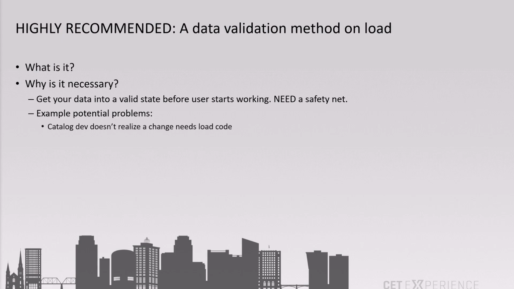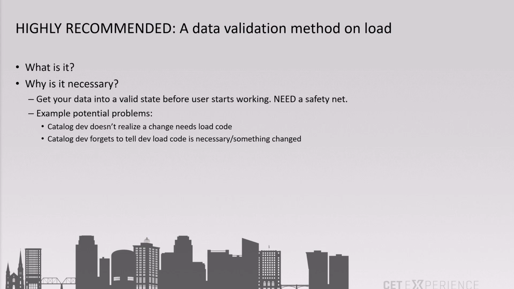Perhaps a catalog specialist doesn't realize a change actually needs load code. Maybe I forgot to give them the list of what changes actually do require reaction code by me or any other dev. Perhaps a catalog specialist forgot to tell me that developer load code was necessary or that something changed. Or maybe they had to do a whole bunch of tickets at once and most of them didn't require load code, but one did.